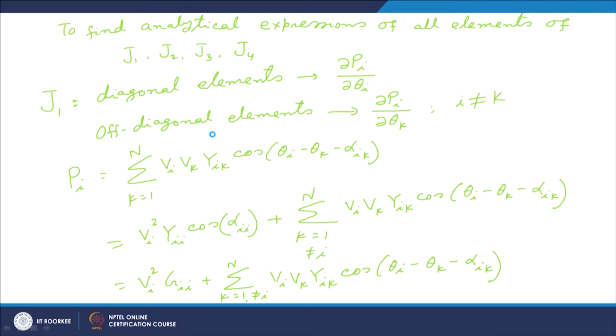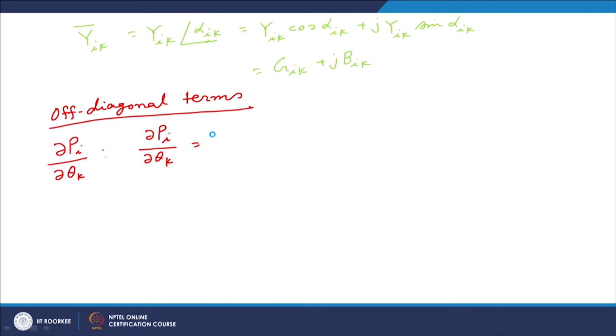So we have Vi Vk Yik sin of theta i minus theta k minus alpha ik.